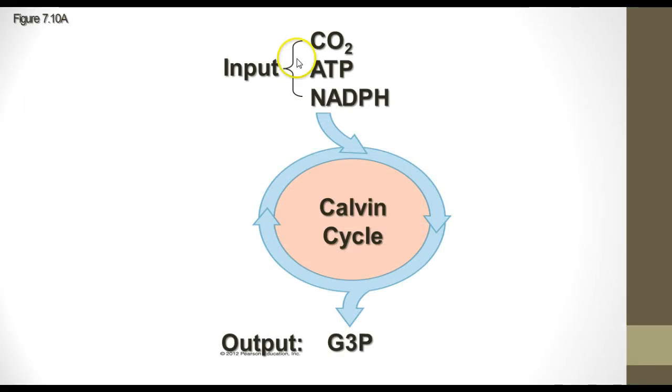So our inputs will be carbon dioxide, ATP, and NADPH. Again, we have a series of reactions here. We have an initial compound that's going to accept the carbon dioxide, and we're going to add one at a time, rearrange molecules, and our output will be G3P, and we'll regenerate that starting molecule, similar to what we saw in the Krebs cycle.